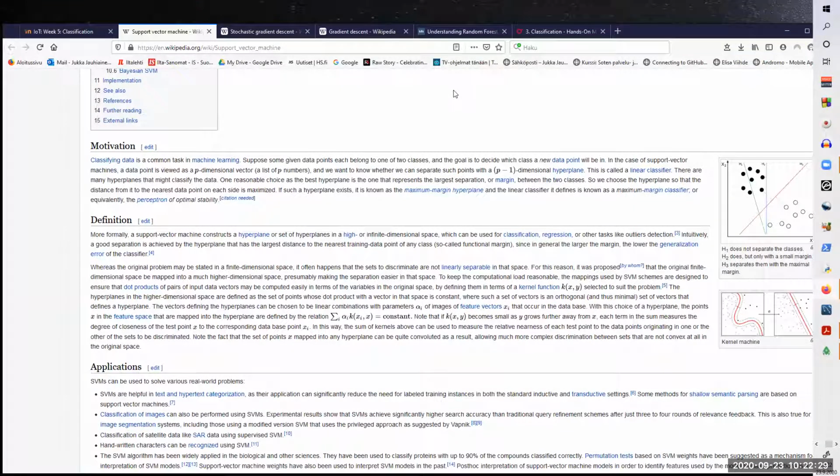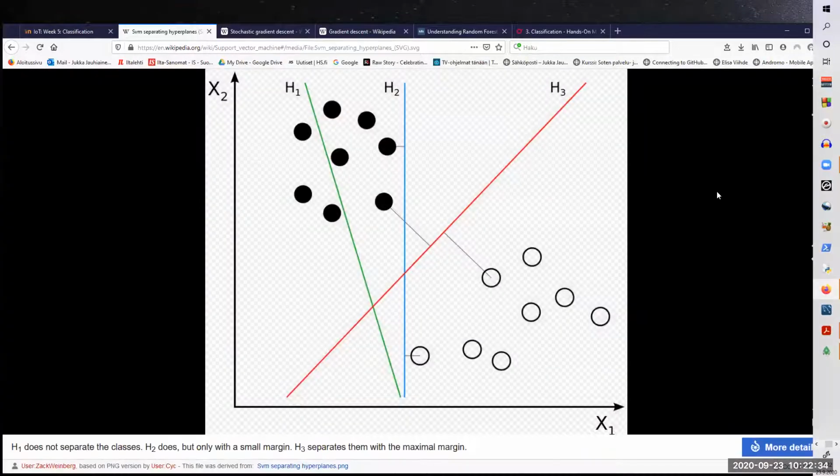Maybe it can be seen in this picture. So in this method, this algorithm tries to find a line that separates two datasets most. So the distance from each dataset to this line H3 is at the maximum. For example, here this H1 does not separate these two datasets at all.